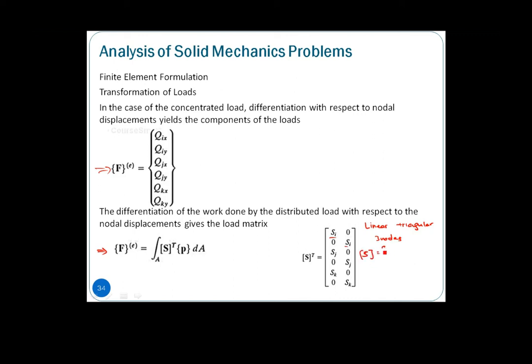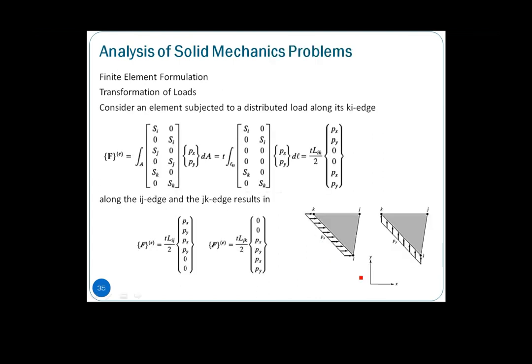S itself is S1 0, S2 0, S3 0, then 0 S1, 0 S2, 0 S3. The transpose is basically you rearrange in terms of this form.